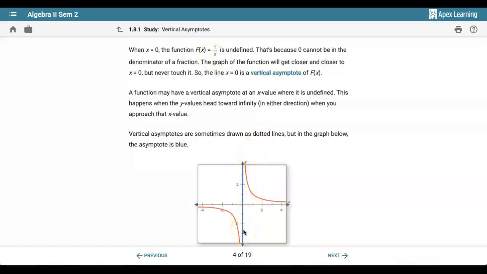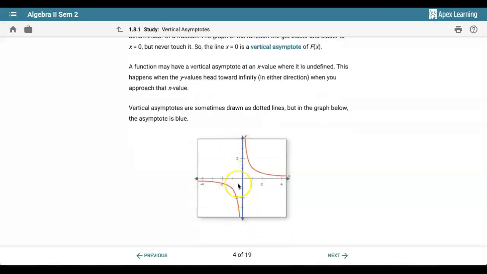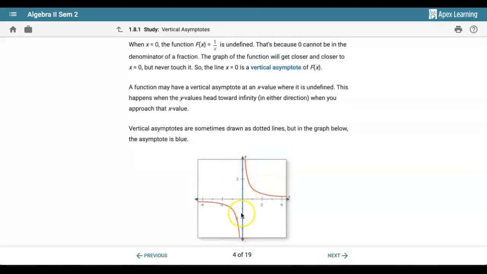Normally we show a vertical asymptote as a dotted line, but for the sake of clarity here, they're going to show it as a blue line so you can see it very easily. So as we get close to the vertical asymptote, we're either going to get really, really large, like we do on the right-hand side here, or really, really small, as on the left-hand side. That's what happens as we approach the vertical asymptote.